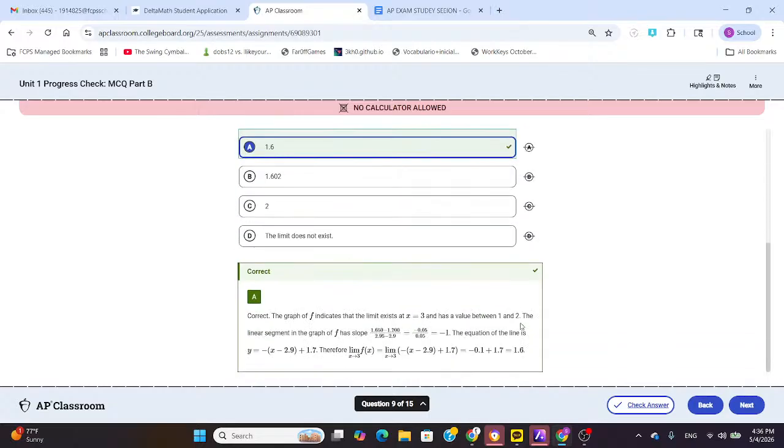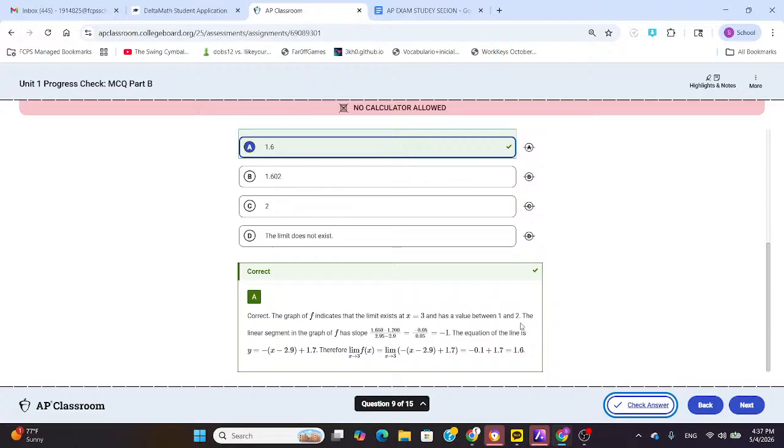Let me just read the explanation for a sec. Let me try to understand exactly what is going on over here. Correct. The graph of f indicates that the limit exists at x equals 3 and has a value between 1 and 2.